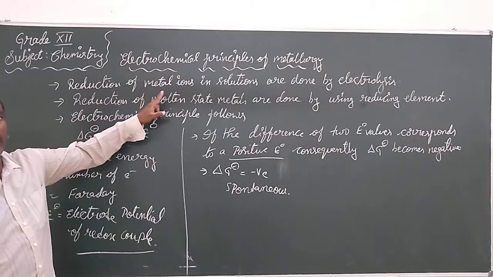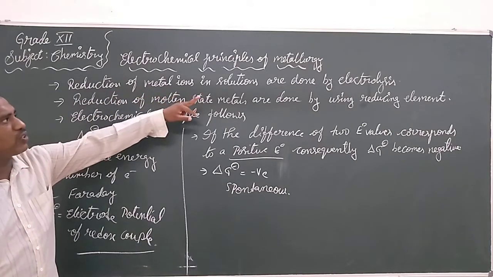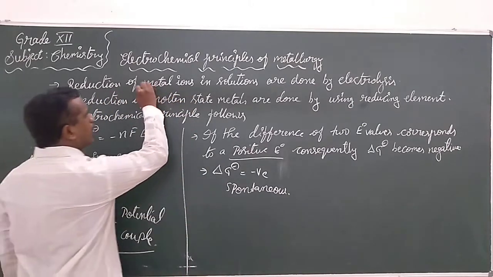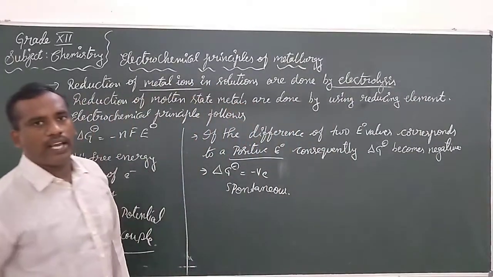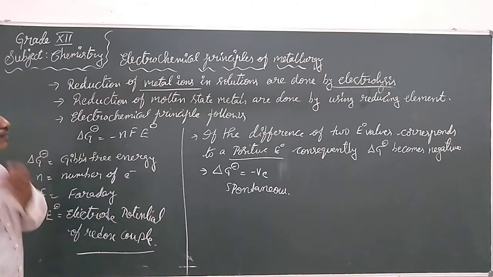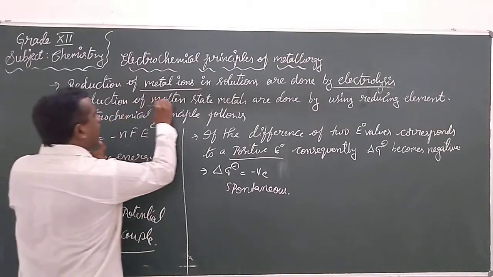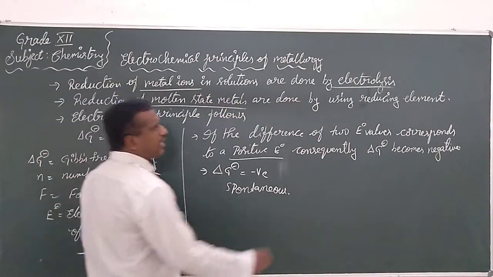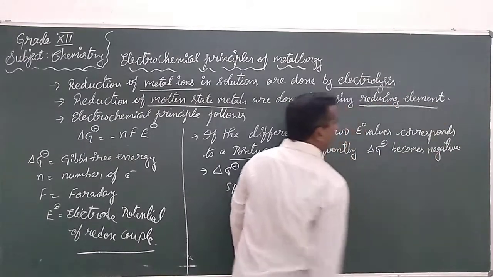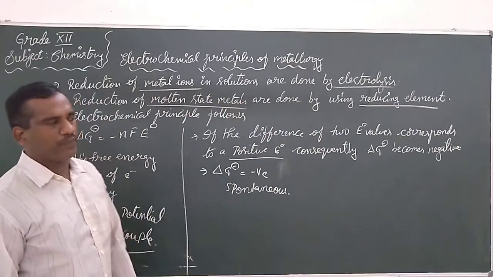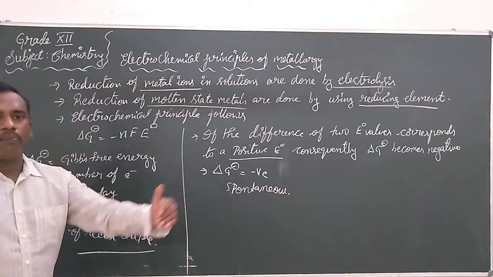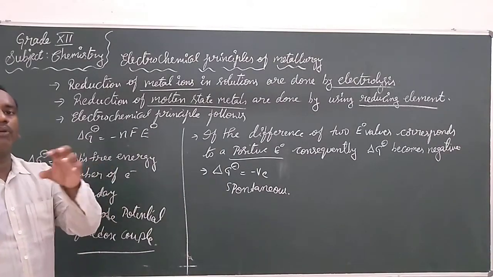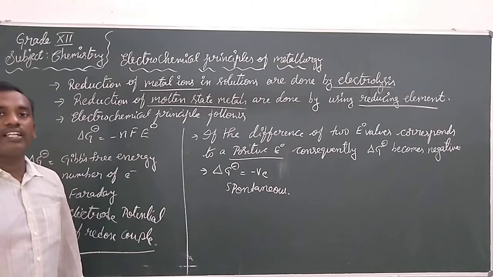Reduction of metal ions in solutions is done by electrolysis, whereas reduction of molten state metals is done by using a reducing element.